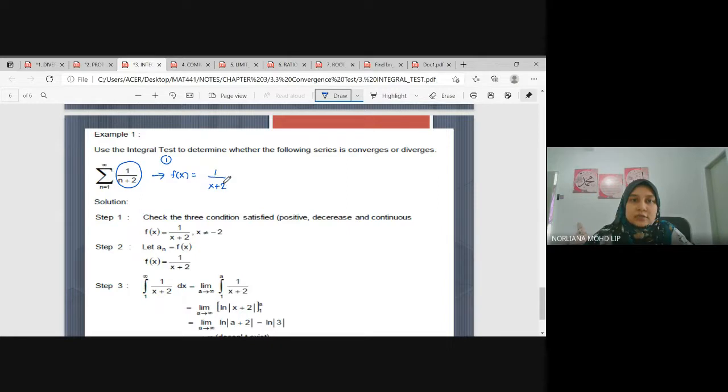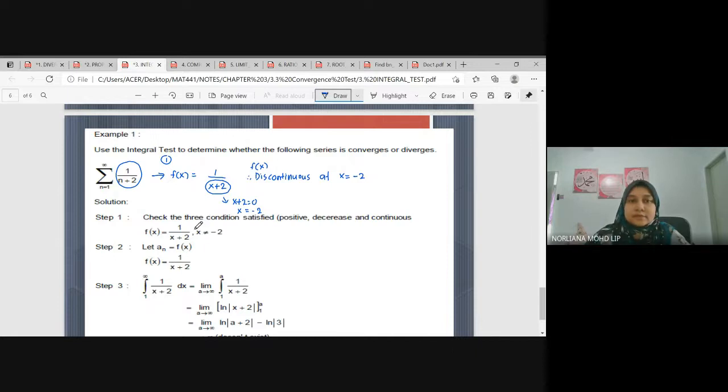So kat sini kita tahu kan, kalau improper integrals, kita check dia punya denominator kan. Dia discontinuous at apa? Kat sini discontinuous fx, check lah kat sini. Denominator dia x plus 2 equal to 0. So x equal to negative 2. So fx is discontinuous at x equal to negative 2.